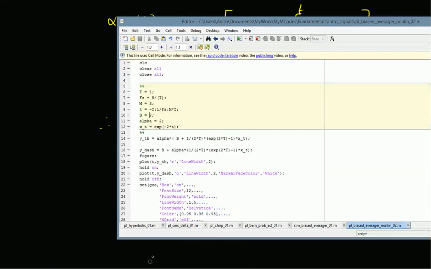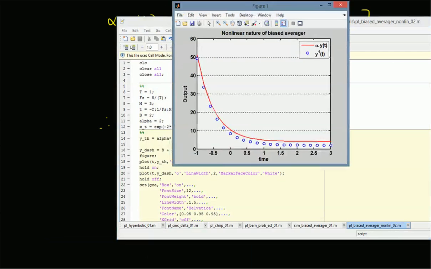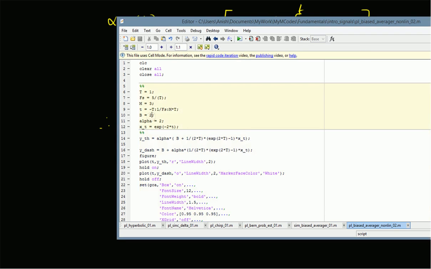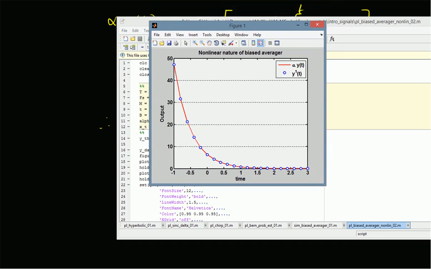Then we verified the same thing in Matlab. When b is a non-zero value, alpha times y(t) does not agree with y'(t), and when b is exactly equal to 0, that is, when b vanishes, the output alpha times y(t) is exactly the same as the actual output y'(t).